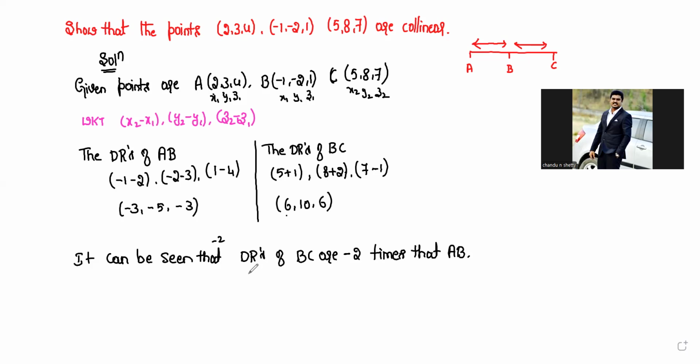Okay, so here AB is parallel to BC. Therefore, the points A, B, C are collinear.